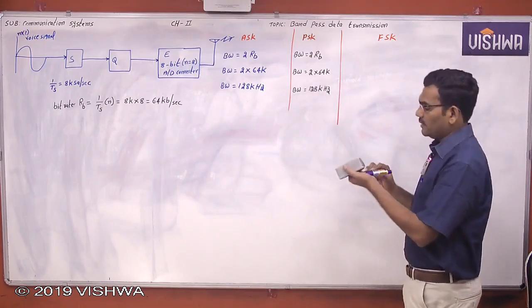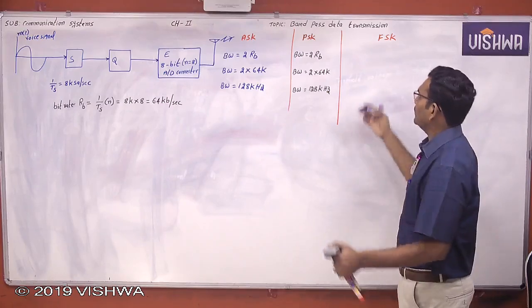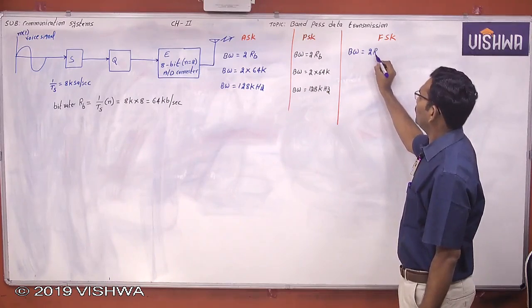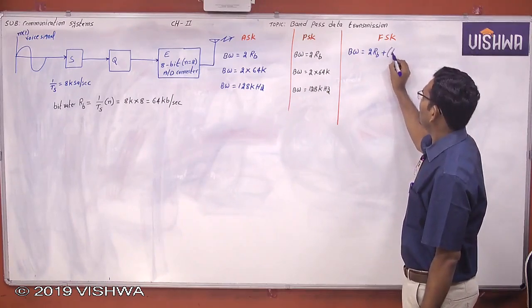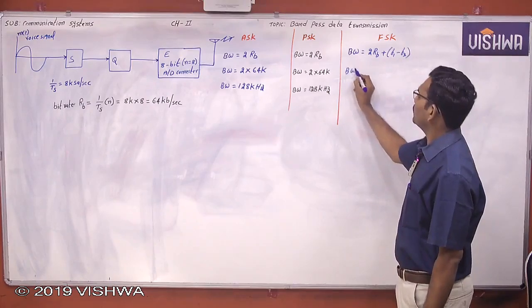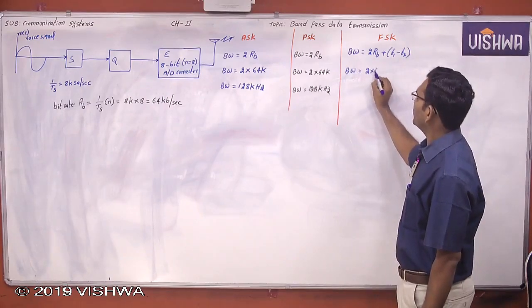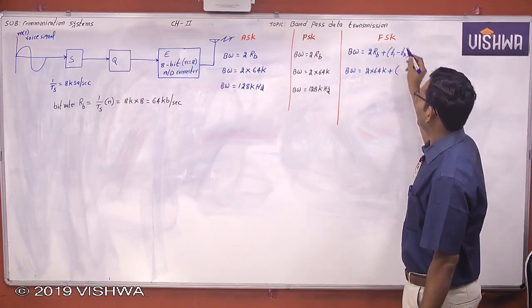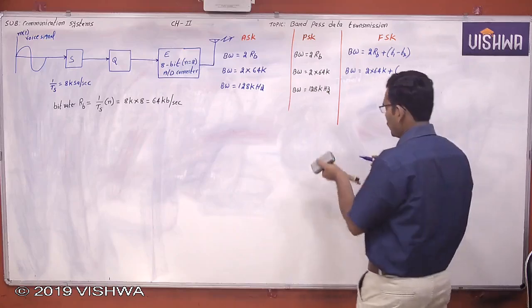Now, what is the bandwidth required to transmit FSK? The bandwidth required is equal to twice the bit rate plus F1 minus F2. So the bandwidth is twice the bit rate, 64 kilo, plus F1 minus F2. The mark and space frequencies are also given in the question.